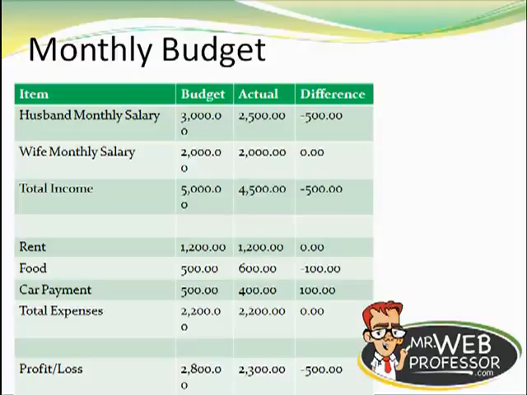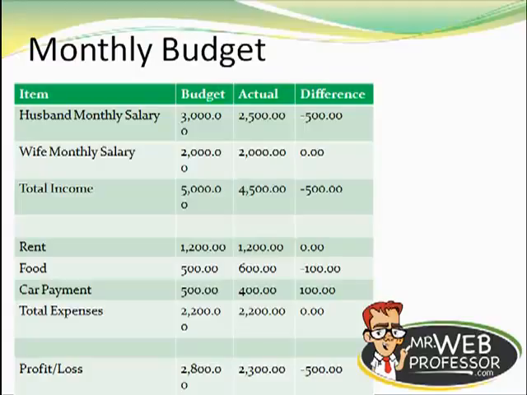And then when you look at some of the expenses in this category, you see rent is as it was budgeted, $1,200. The actual was $1,200. There was no difference. Food was $500. They actually spent $600, and therefore they were negative $100. With the car payment, however, they budgeted $500.